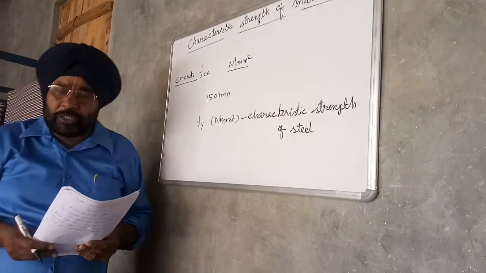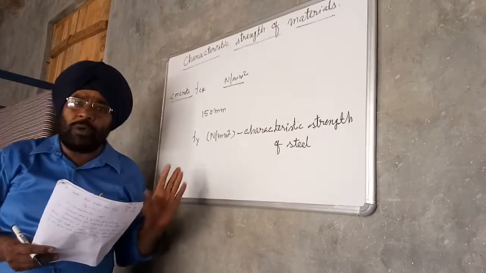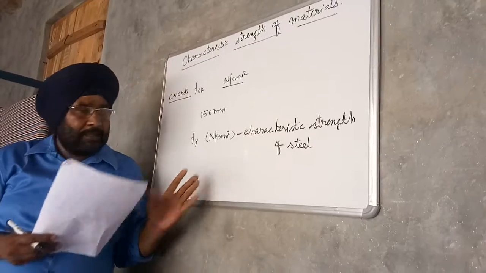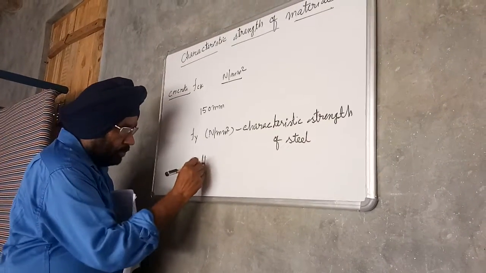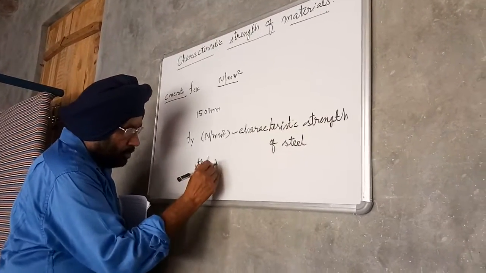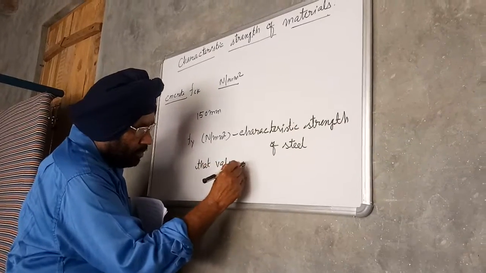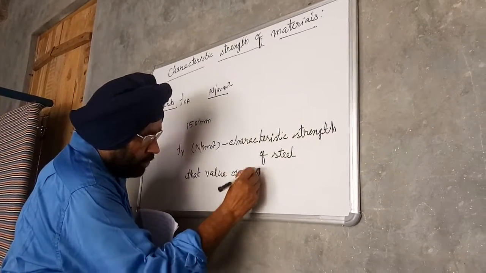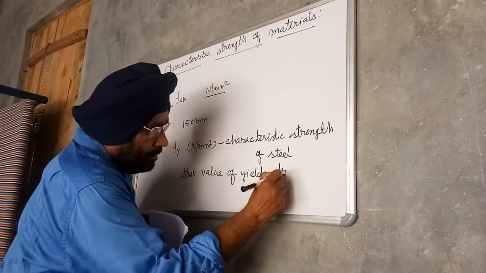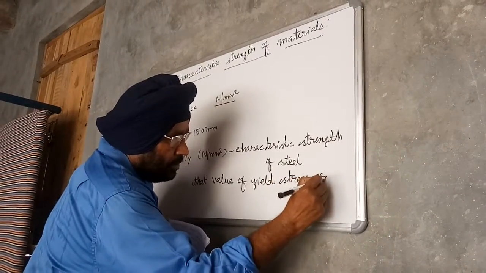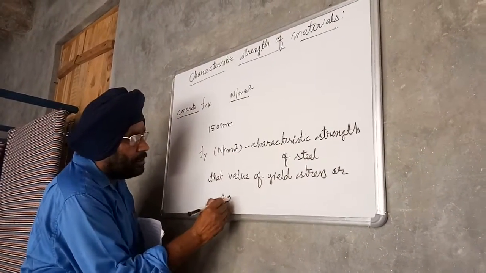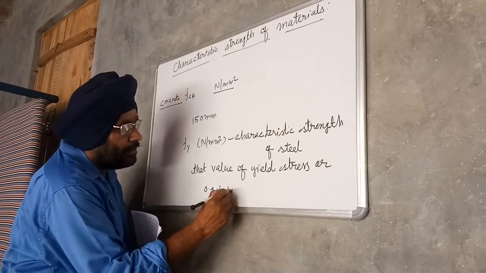The characteristic strength of steel is defined as that value of yield stress or 0.2% proof stress.